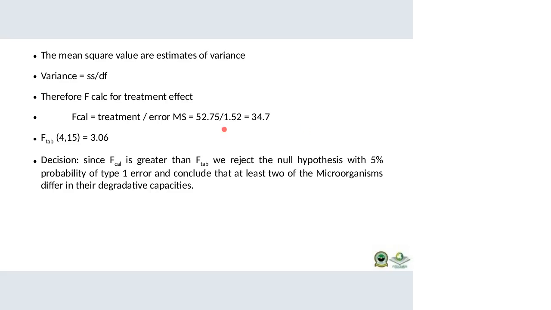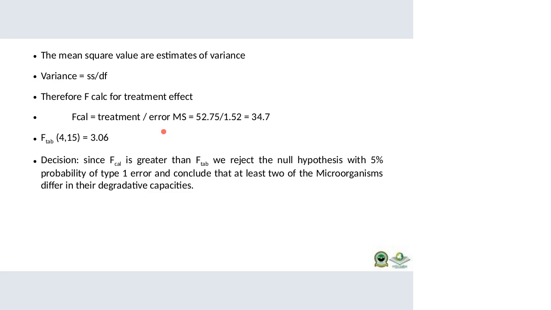We regard this as the tabulated F value. Remember, we have our F calculated value. This is the tabulated F value. So we are going to exit this and go back to our slide.